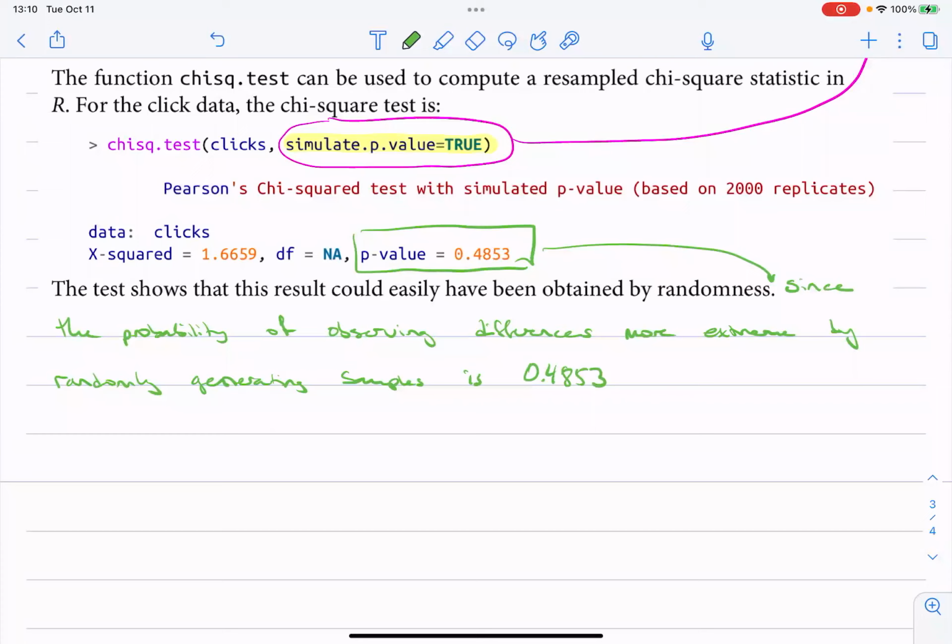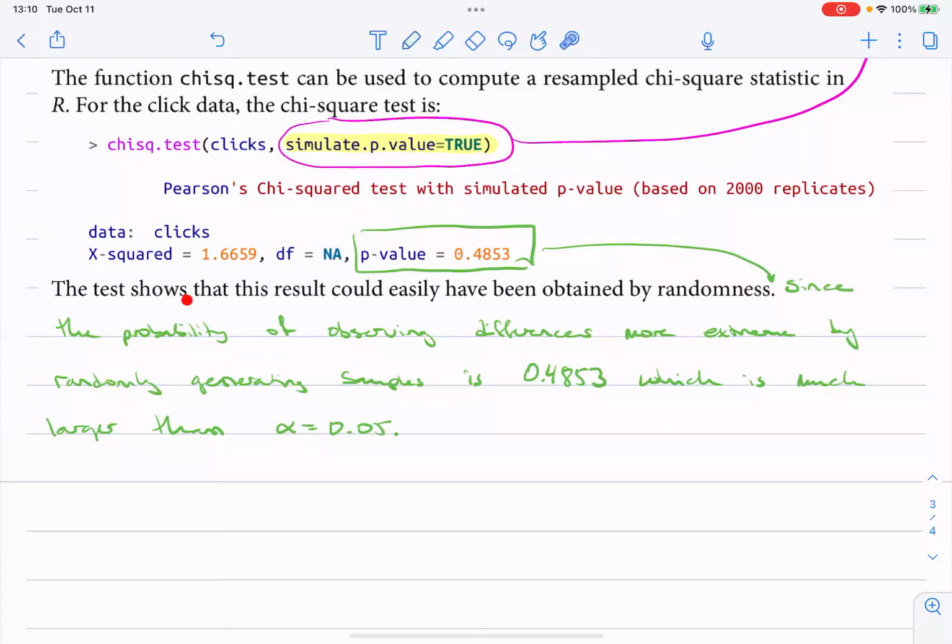In fact, it's a lot larger than 0.05, right, which is our cutoff. So which is large, or I'll say much larger than alpha equal to 0.05. Right, we still use that cutoff. You can change the cutoff if you want to, but that's the default, right?